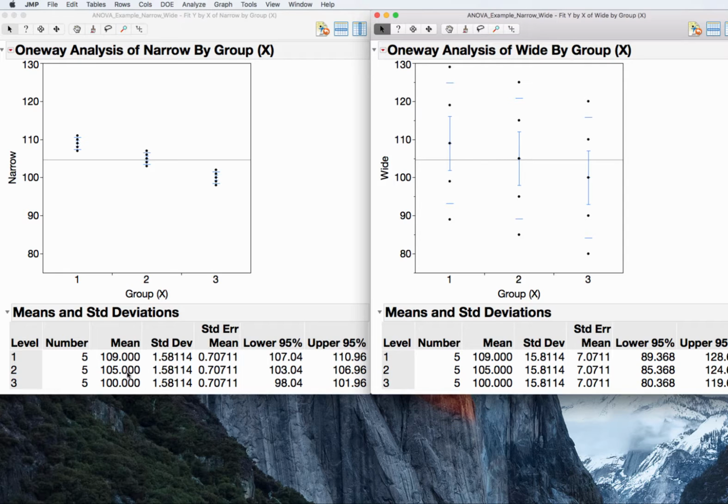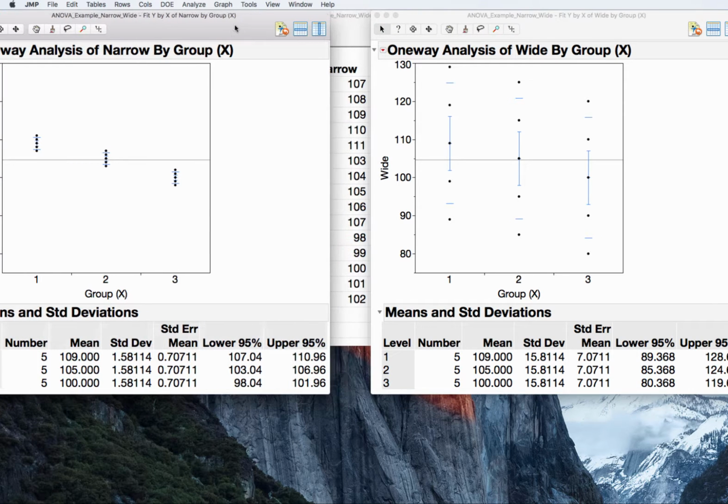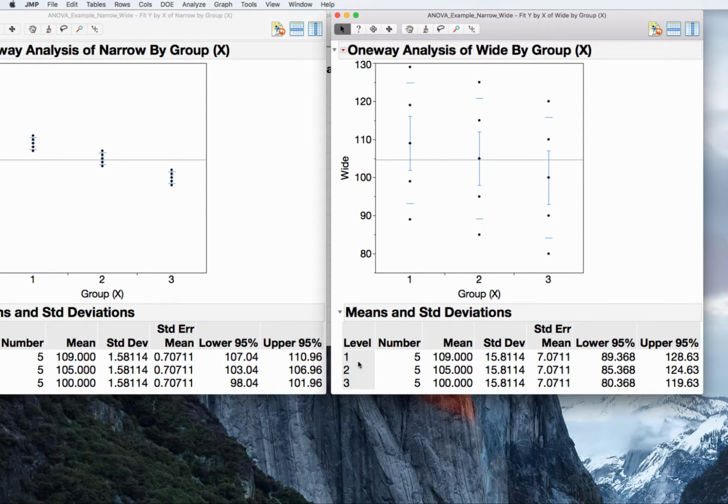So identical group means, identical overall mean. But what we can notice is that our standard deviation in the narrow group is much smaller than the standard deviation in the wide group. This is of course by design. Consequently, we have narrower confidence bounds in the narrow group than we do in the wide group.